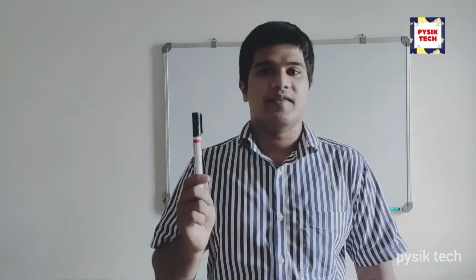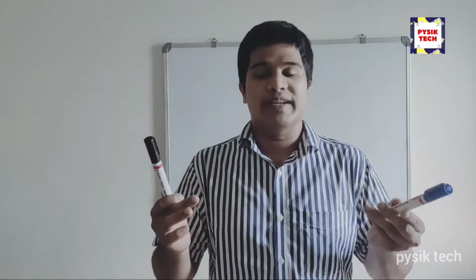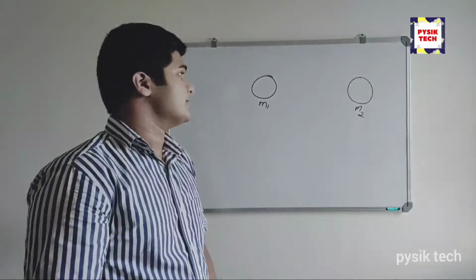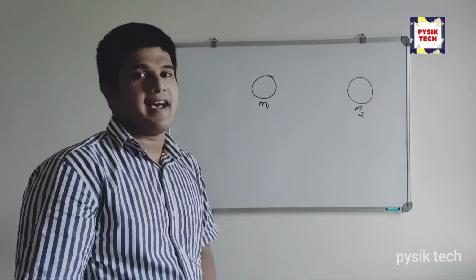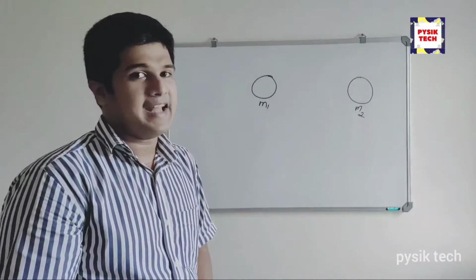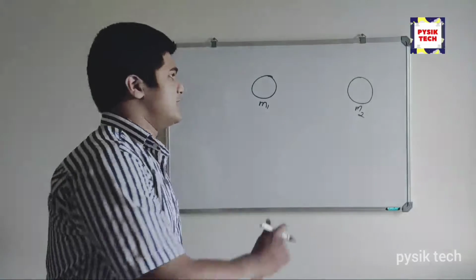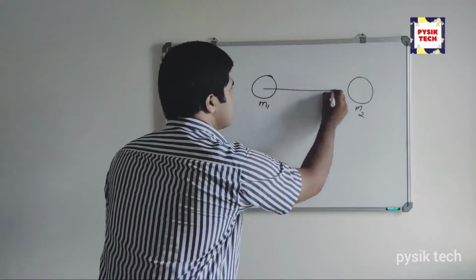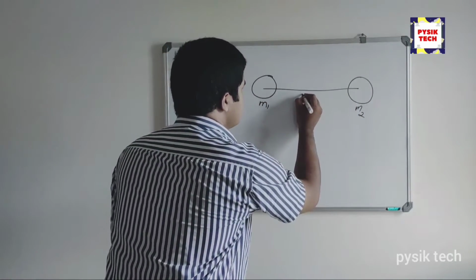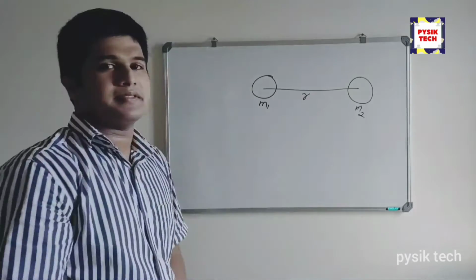Any idea about it? Two masses m1, m2 situated at a distance r. Then what will be the gravitational force between them? Consider there are two bodies having masses m1 and m2, and the distance between them is r.